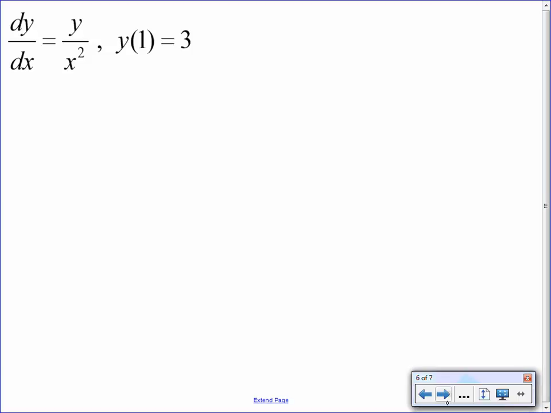Let's separate our variables. On the left side, dy over y, so I'm going to write it as 1 over y. And on the right side, because we're going to have to divide this over and multiply dx over.